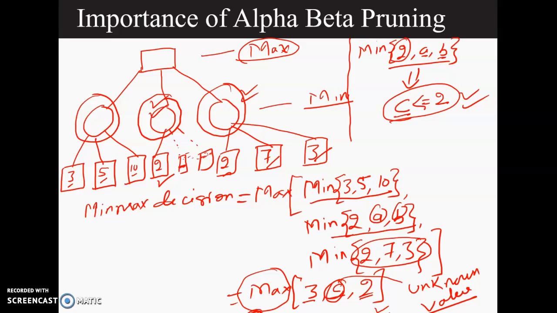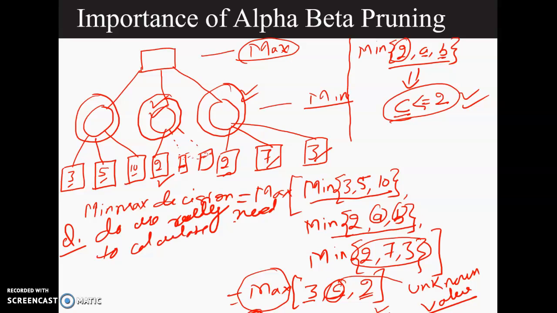It means that here the question arises, and the question here is, do we really need to calculate C? The answer for this question is, of course not. Because without determining the value of C, we can find out 3.